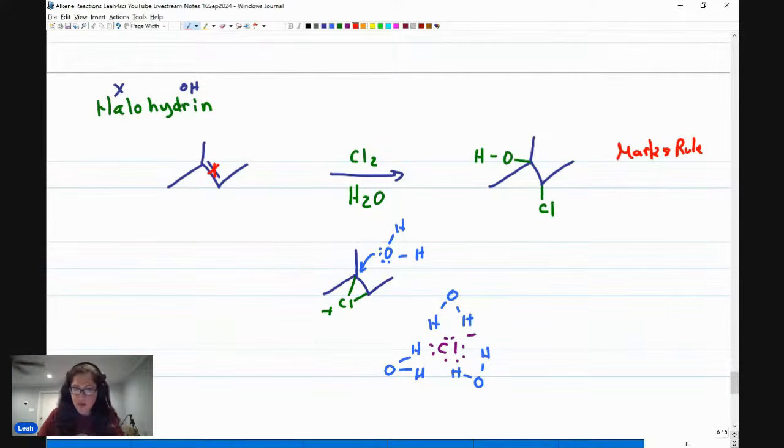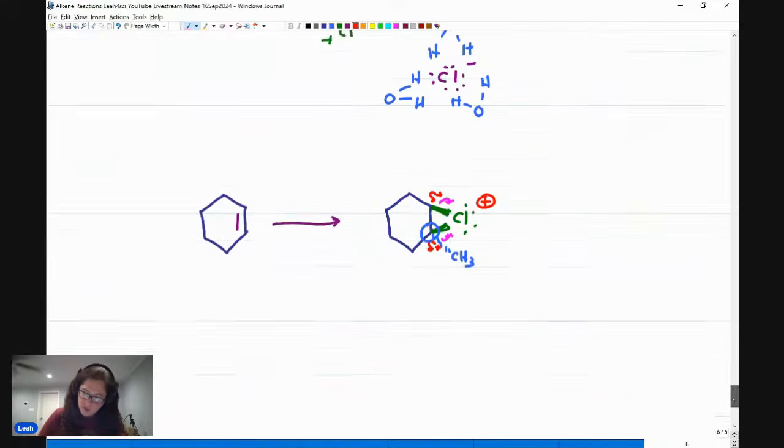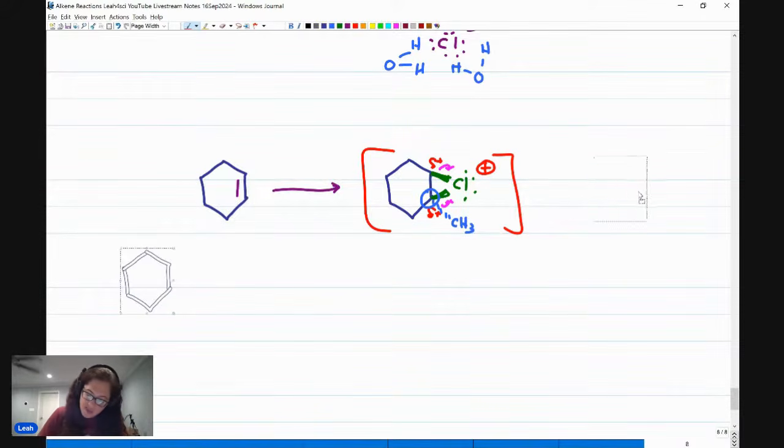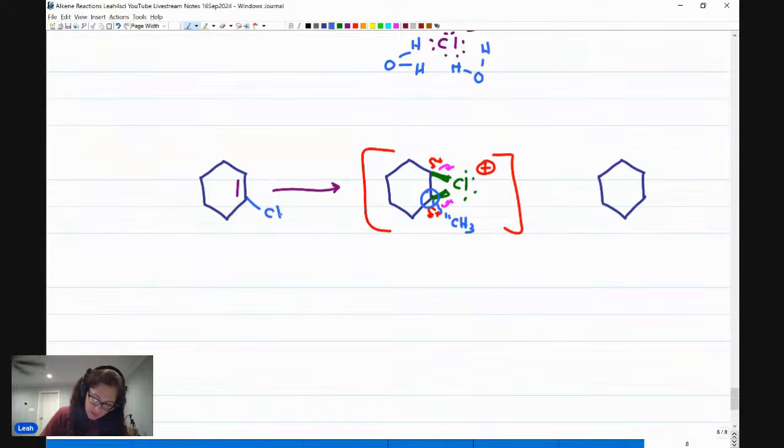Another thing I want you to recognize here is, let's go back to the ring where you can clearly see it. Because of the chloronium bridge, this intermediate is not isolated. Let's show, if there was a methyl group here. If the chlorine bond breaks on the bottom, the other chlorine is still here with a wedge up and out of the page.